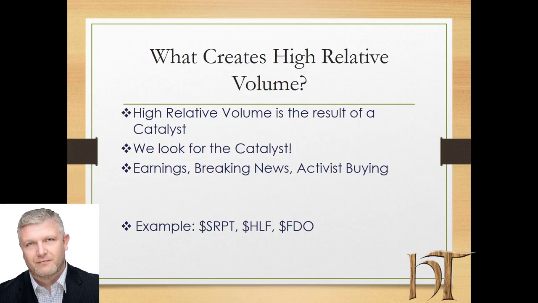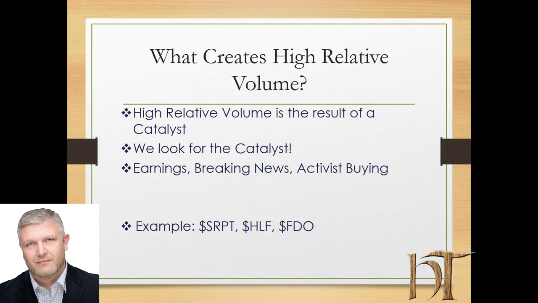So in Benzinga, we can actually see what the relative volume is, which is a numerical input. It just puts it there in front of us. We can look at what the average volume is, what the relative volume is, and we can scan for relative volume.